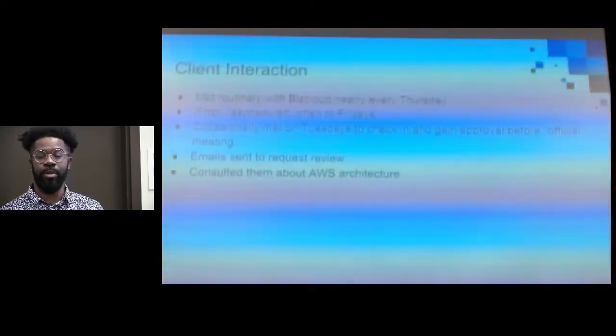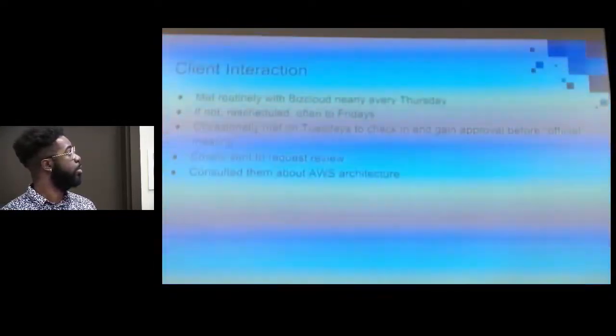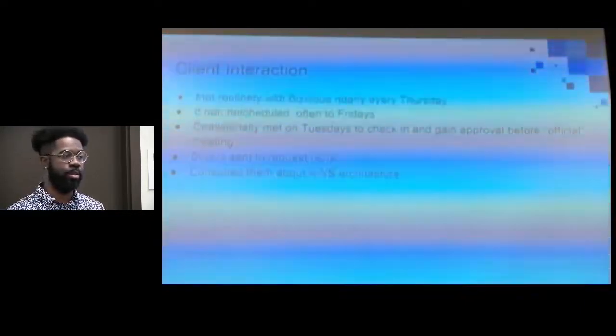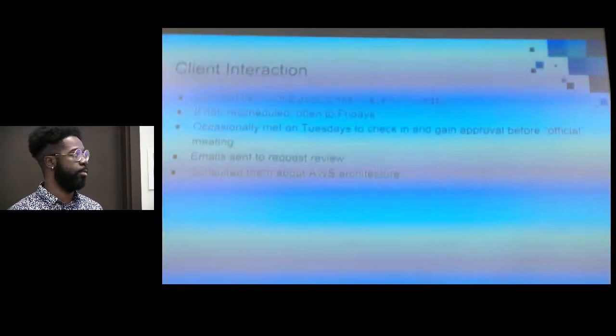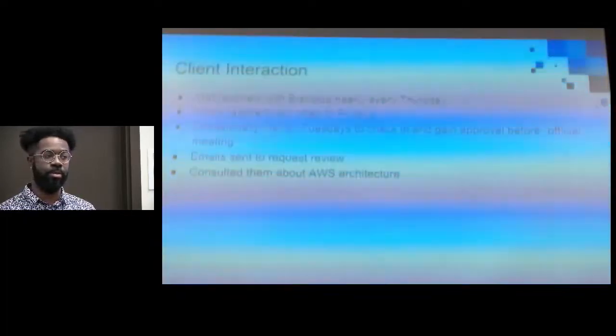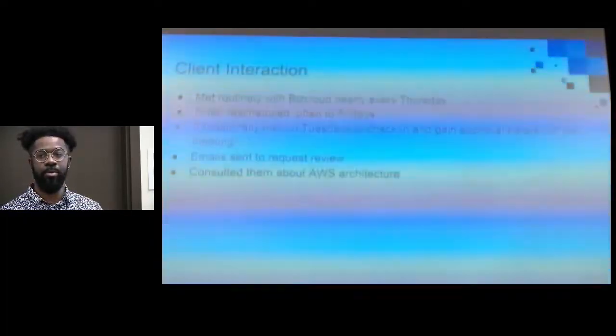Also, for interacting with our client, we would meet every Thursday. One of the issues that came up was conflicts with schedules. So if we needed to reschedule a meeting, we would reschedule to Friday. Oftentimes, we also noticed that we needed to ramp up and work in more meetings and more feedback.